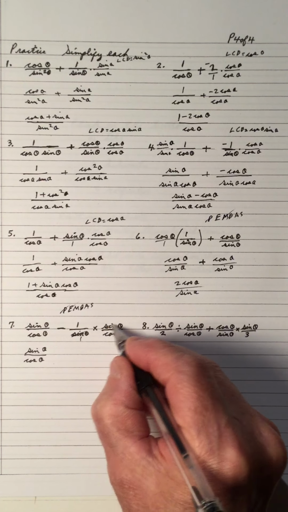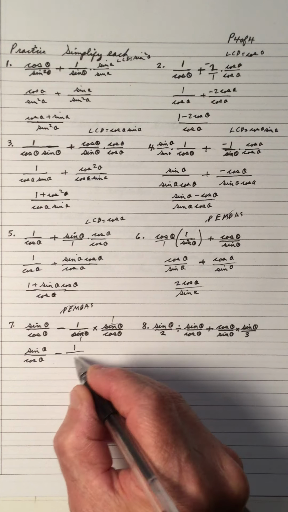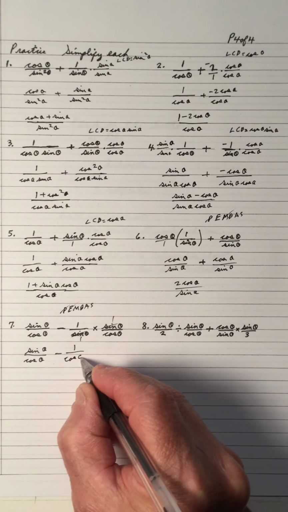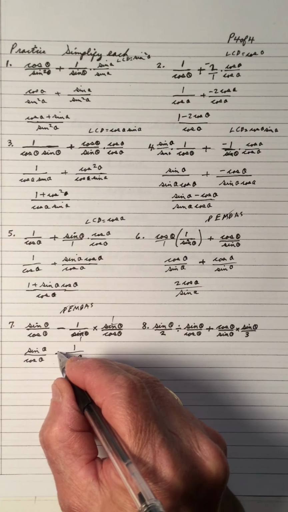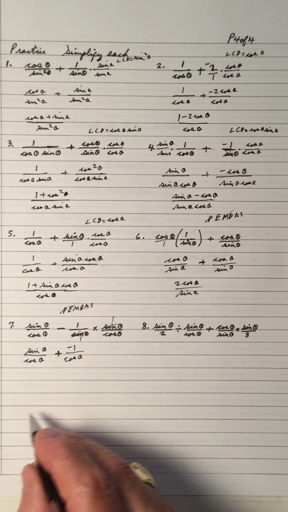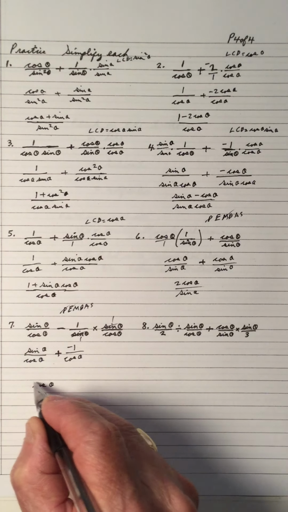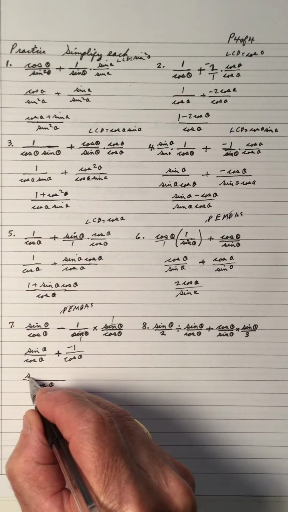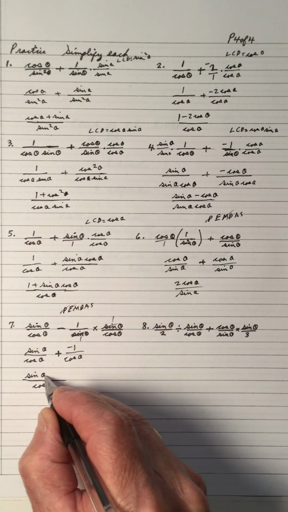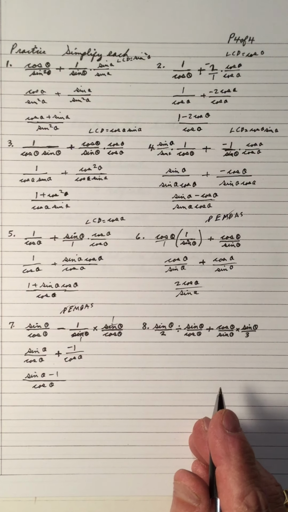Sine cancels in the sine once, so that gives us 1 times 1 is 1 over cos theta. And we're subtracting, so we can add the opposite. And the common denominator is cos theta. And sine minus 1. We can't combine them because they're not like terms.